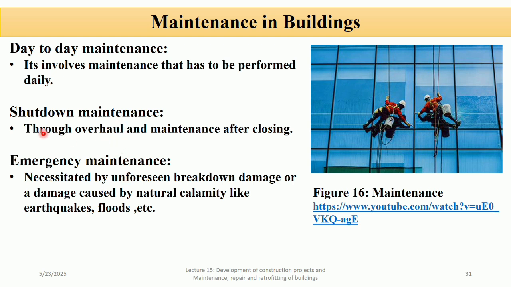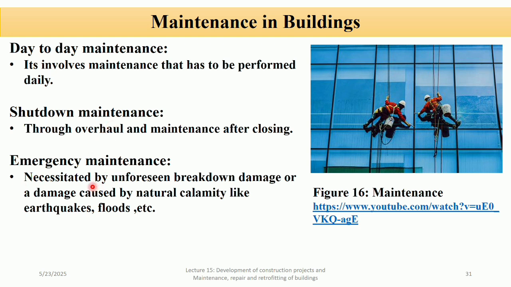The purpose is to conduct in-depth servicing or repairs and avoid disturbance to users during work. For example, servicing the HVAC system in a mall during off seasons, overhauling the electrical system in a factory during holiday shutdown, and deep cleaning and repair of public toilets.